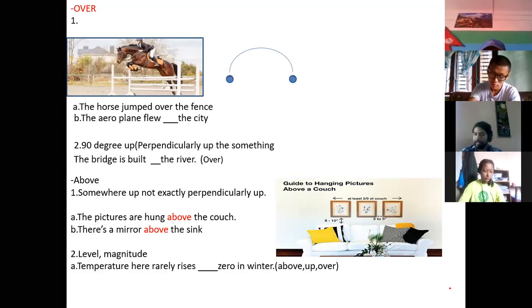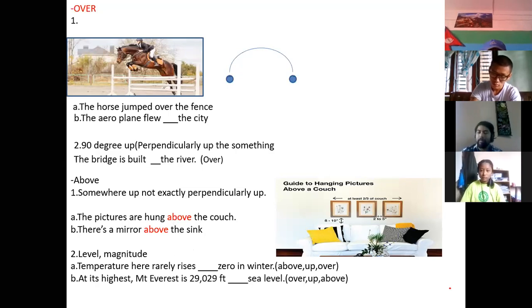In measurement, we never use over. When measuring magnitude and levels, for example 0, not over 0, we never use it. In measurement, when something is greater than a reference, we always use above. We never use the term over. Remember that. This is measurement, temperature, right?